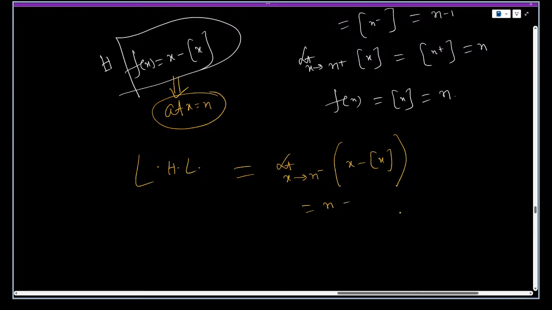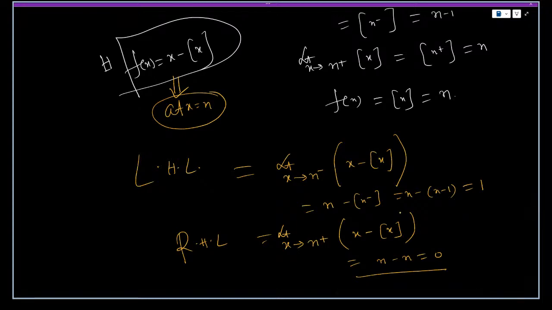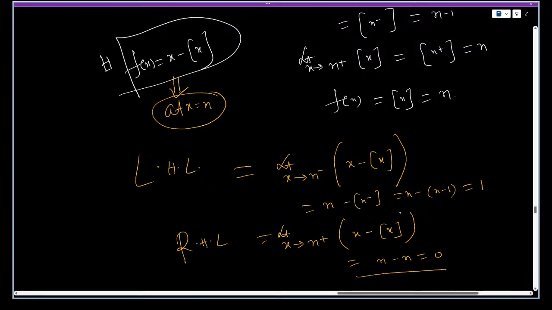But here when you are taking modulo x, n minus gives n minus 1. RHL will be what? Limit x tending to n plus, x minus modulo x. So this will be n minus n equal to 0. They are not equal. Because on x the limit will not work, n plus means it will give us n only.